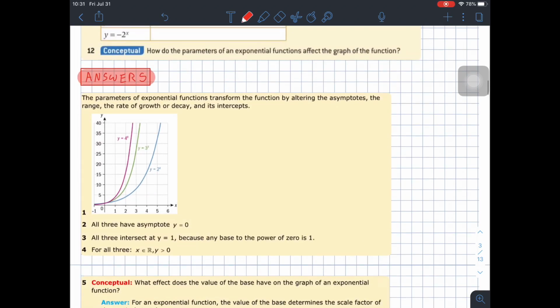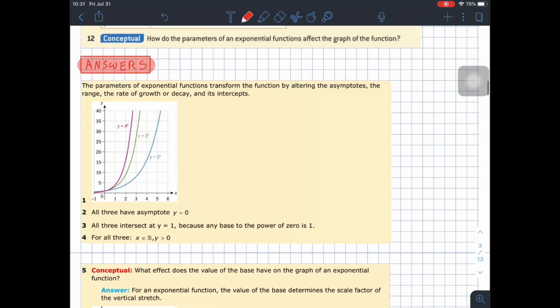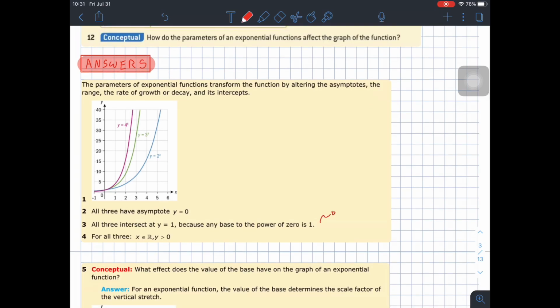So you see that all of the three functions are crossing the y-axis at exactly the same point, right? And why is this true? How do we find the y-intercept? Let's do that here. To find the y-intercept, the condition is that x must be equal to 0, right? So if we do that with all of our functions, let's say the first one, y equals 2 to the power of x.